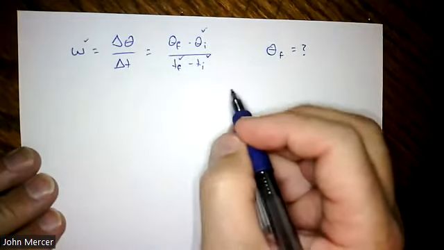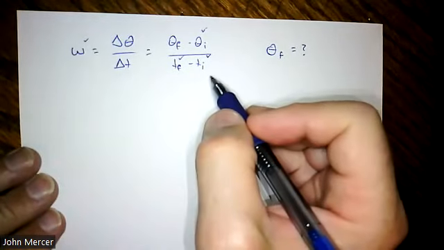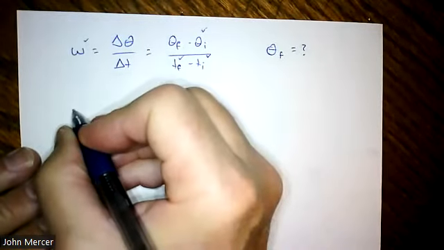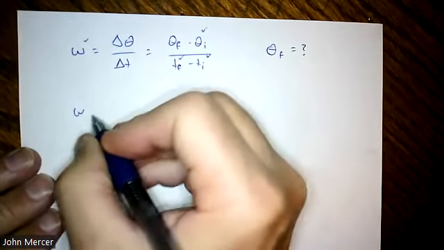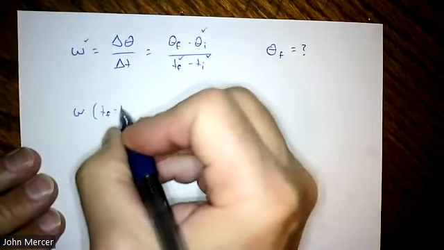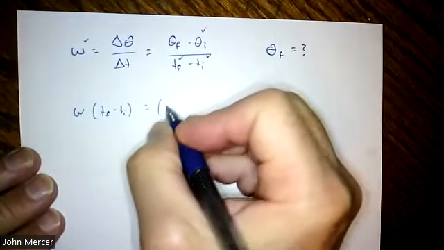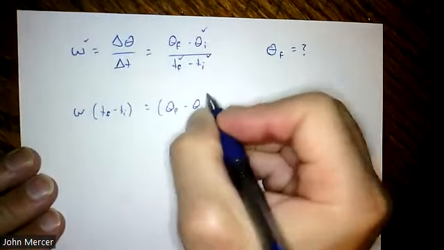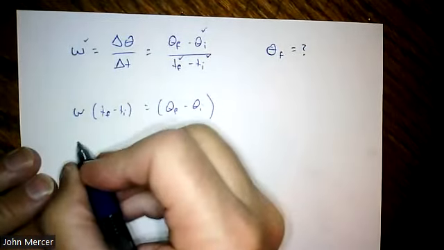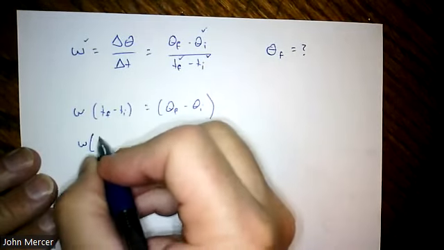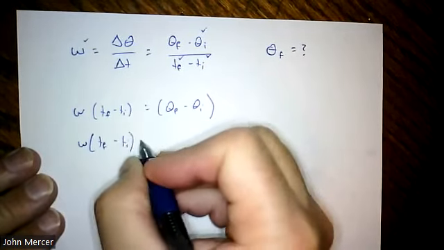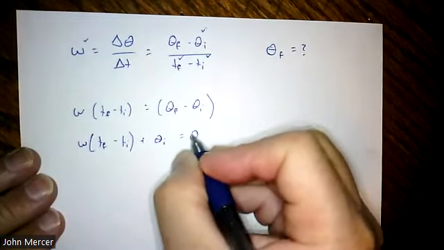Well, now we just need to rewrite this equation so theta f is all by itself. I could do it a little quicker this time. We can do omega times delta t, Tf minus Ti, equals theta f minus theta I. And then we can add theta I over here. So we have omega times (Tf minus Ti) plus theta I equals theta f.